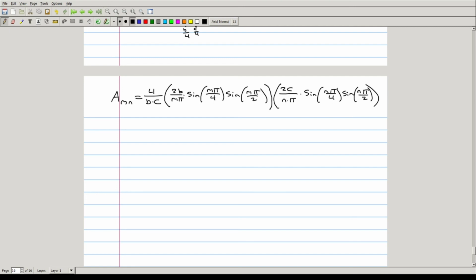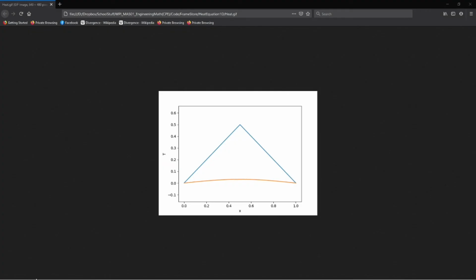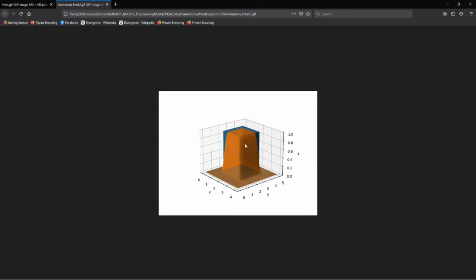So I went in and made some Python code, just like for the 1D case, to visualize this. And sure enough, I'll open that up right now and we'll take a look at it.